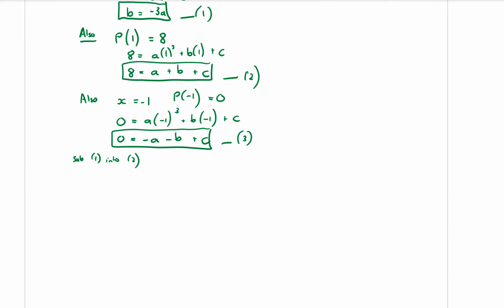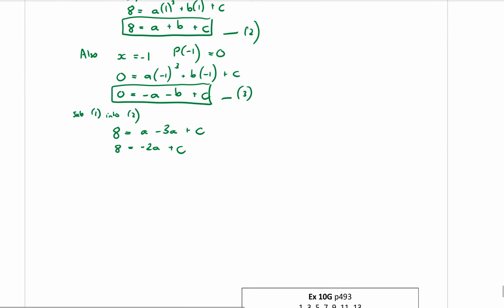That's going to be 8 equals a plus b, but instead of b we have -3a, plus c. So a minus 3a is -2a plus c. Let's get the c by itself for that. So that will be c equals 8 plus 2a. Okay, so that's going to be equation 4.